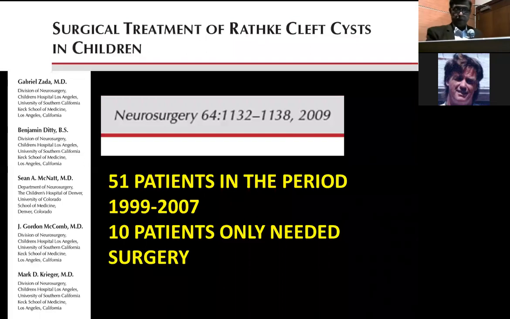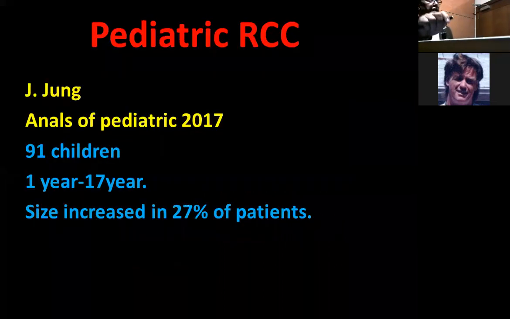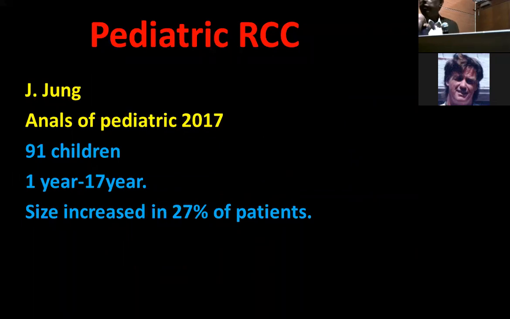Another example is by Jung from South Korea in Annals of Pediatrics, 2017, a recent paper. They reported 91 children. The age was between 1 year and 17, and the size increased in 27%. So the range is really wide.